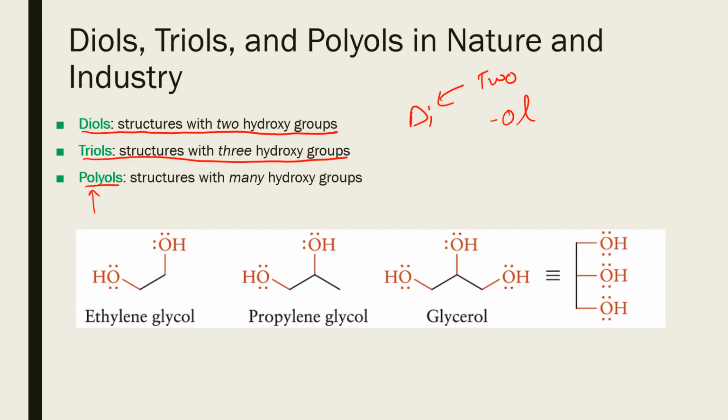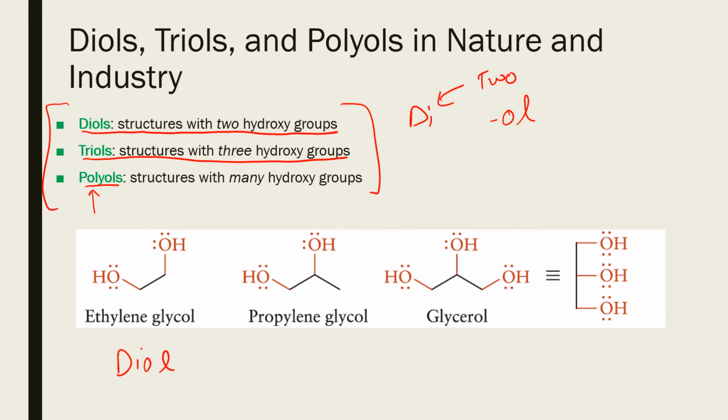The examples of these different kind of alcohols with multiple OH groups are shown here. In first example, this alcohol contains two hydroxyl groups, so therefore this is an example of diol. So its name is ethylene glycol.